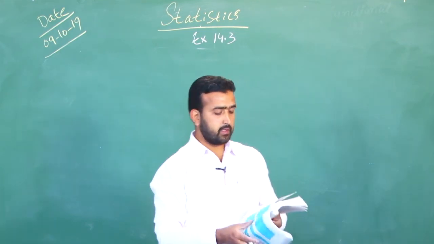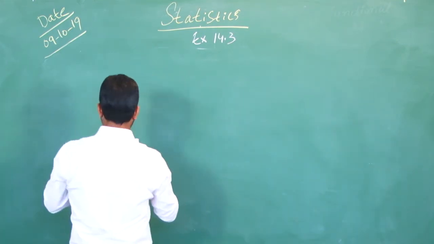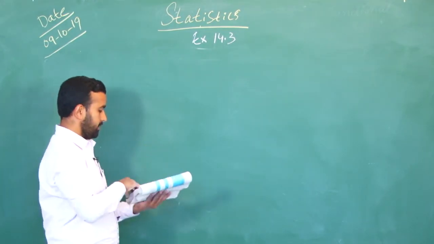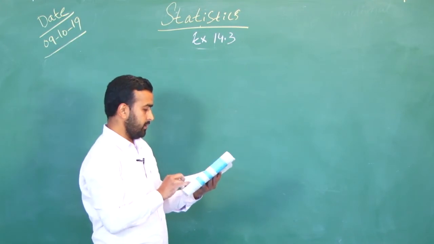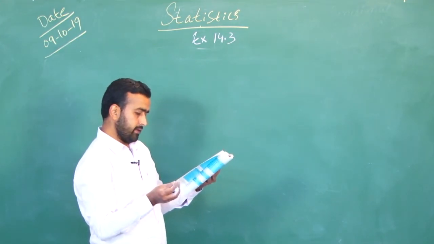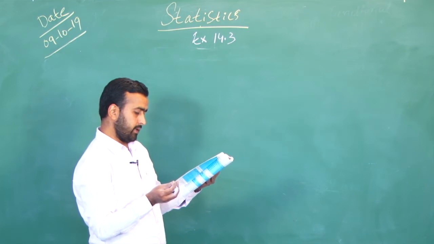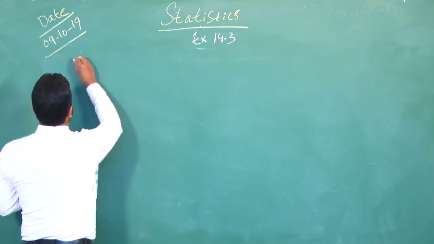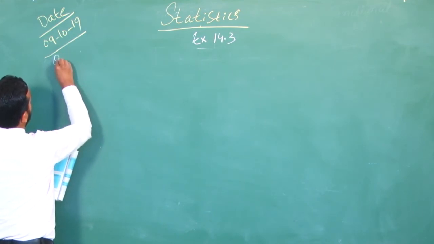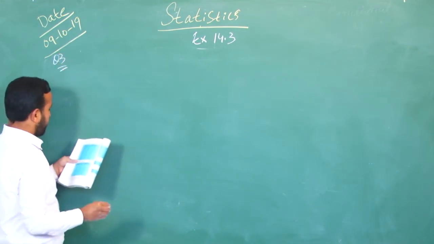Now let us see what table is given, for which we are supposed to find the median of the data. We have to find the median of the given data for these policy holders. Let us see. It is question number 3 of the exercise 14.3.